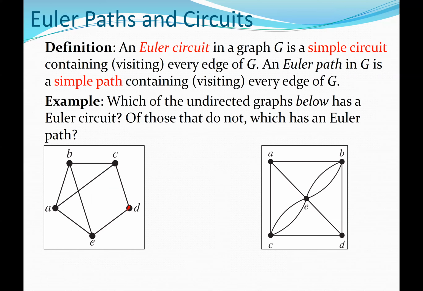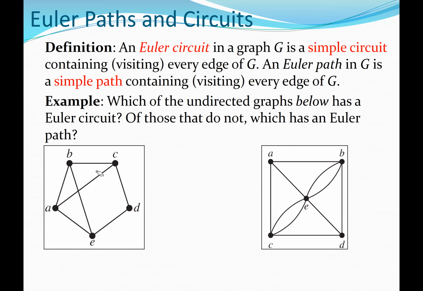I can start at D here. I can go around, and around, and around. I can go back to this, and then I'm stuck. So we did not cover everything, not every vertex or edge. So this graph does not have an Euler circuit or an Euler path.